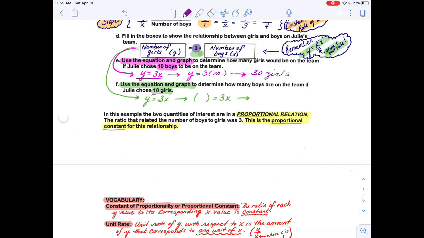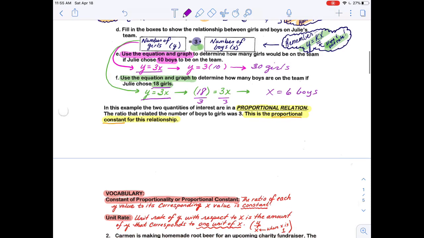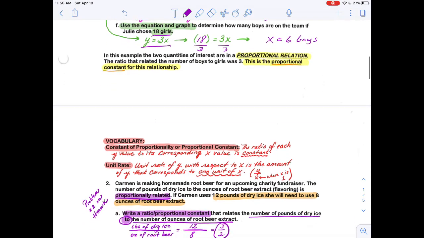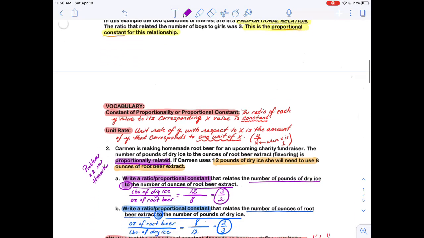What if it was 18 girls? Well, your girls are your y. Taking that same exact equation, this time though, putting in 18, and then solving for x by dividing 3 on both sides, should give you that x is going to be, or the boys would be, 6. And that shows us that proportional constant, that same constant.